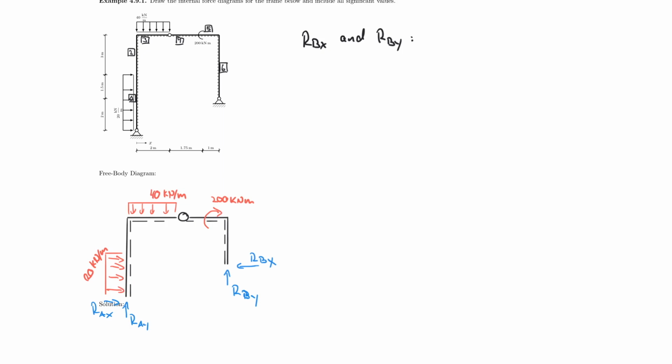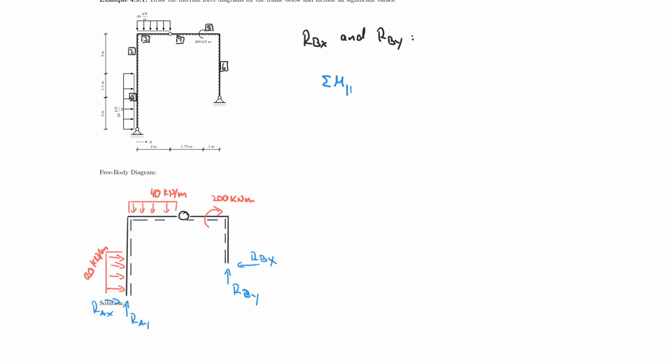So first, I'm going to set up the first cut, in which I take the sum of the moments about the hinge. So the sum of the moments about the hinge is equal to 0, counterclockwise positive, and now I can get started.